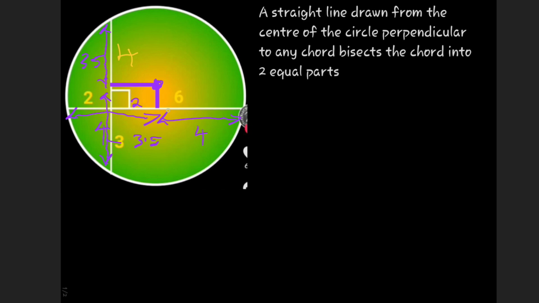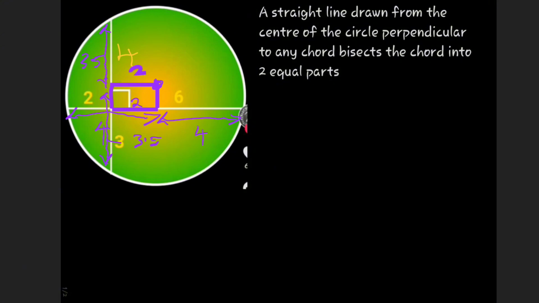Looking at these lines that we drew here, we can see that it is giving us a sort of rectangle, because if I complete this line here and this line here, that's a rectangle, and in a rectangle we know that opposite sides are equal, so this here is also true.